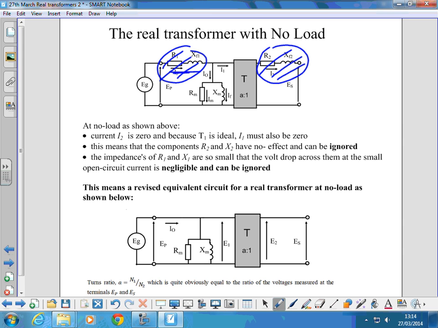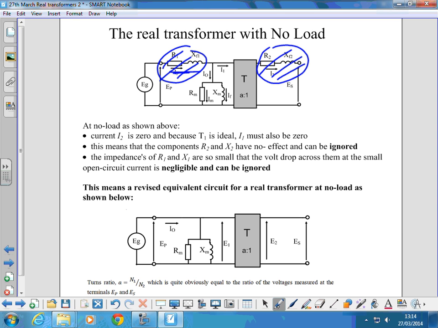That means we get a revised equivalent circuit when the transformer is open circuit, like the one at the bottom. The turns ratio N1 over N2 can be considered to be the ratio of the voltages as well. So we can just do EP over ES, and that's where we come to later on when we look at the open circuit tests.